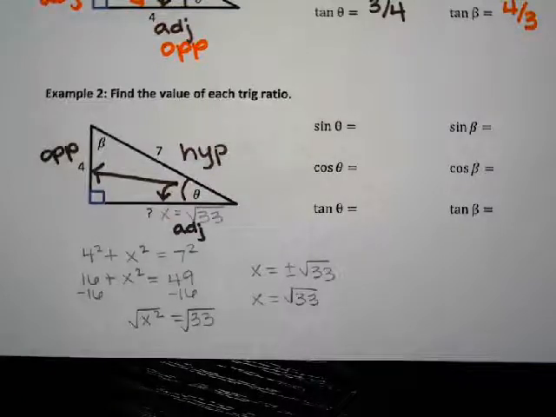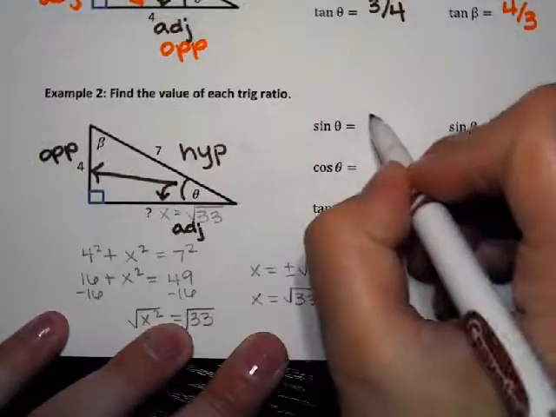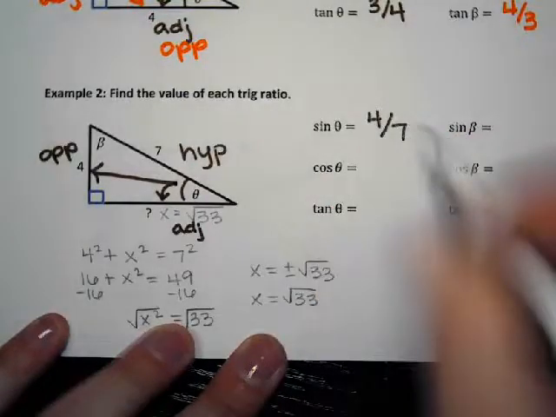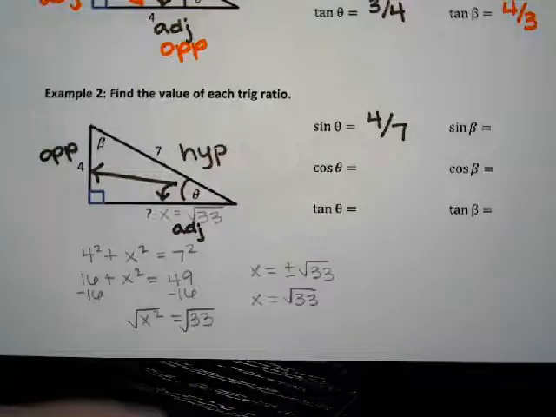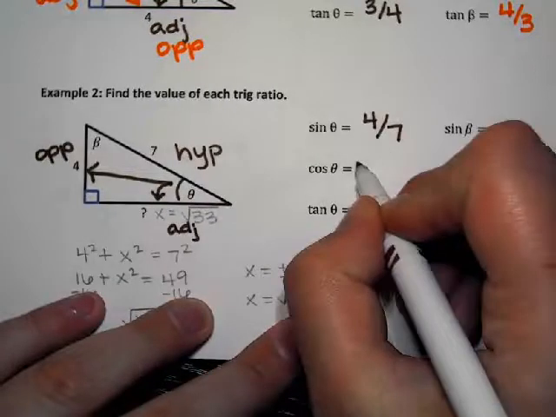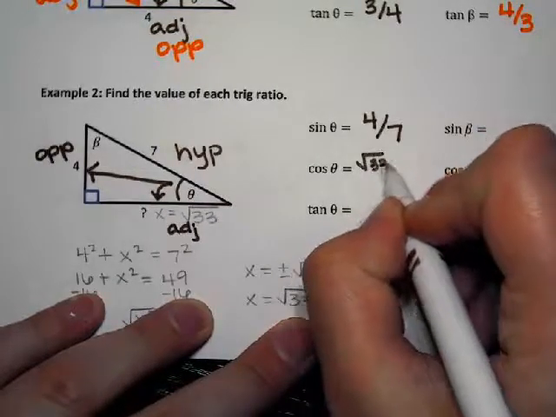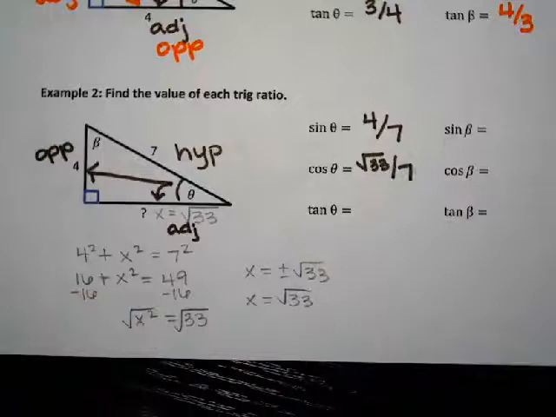Four over 7. What should I write for cosine of theta? Root 33 over 7. And then what should I write for tan of theta? Are you allowed to write 4 over root 33?